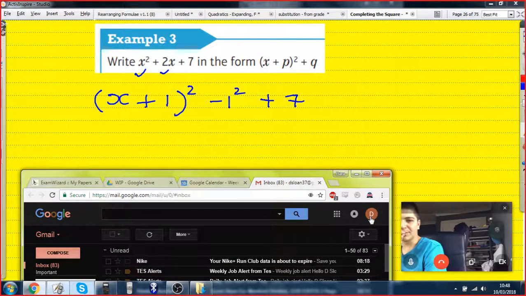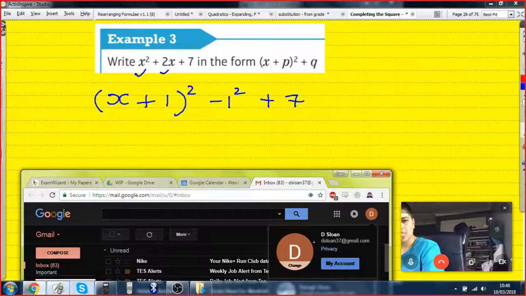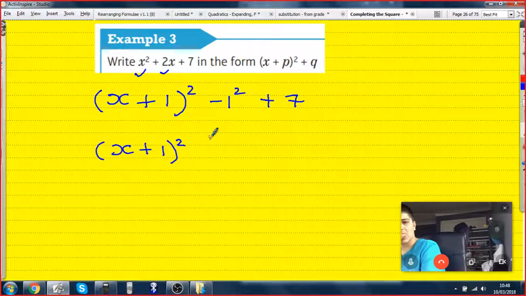Well, that simplified to x plus 7. So we'll simplify the end two numbers, plus 8. Minus 1 squared to become a plus would have to be in a bracket like that.